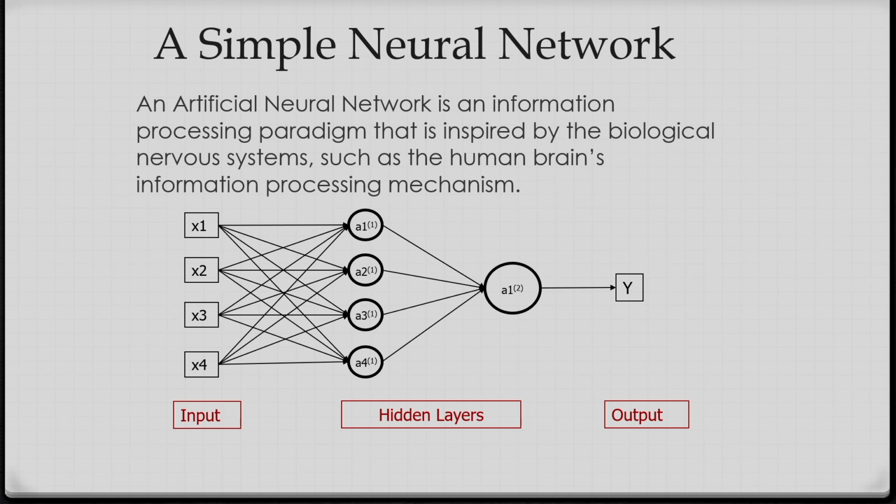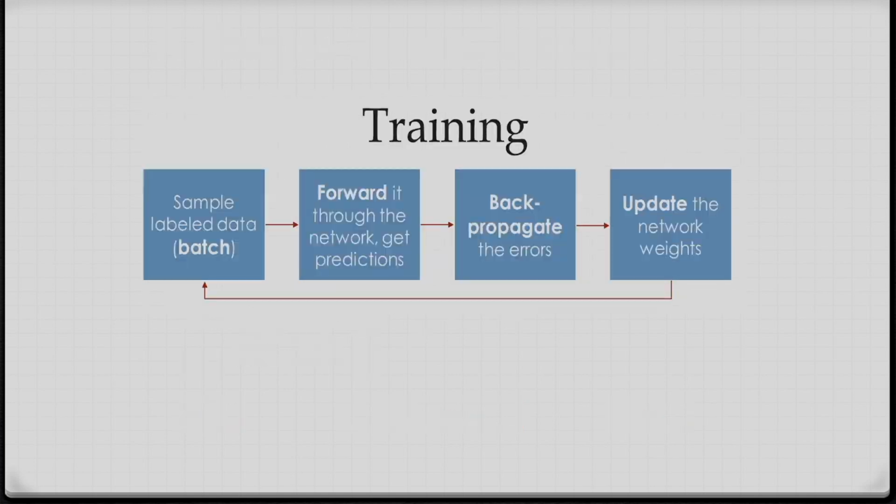So this is a simple artificial neural network, and the training procedure I have already explained, that is supervised learning. First the sample level data we are considering, so that is why it is supervised learning. After this, considering this sample level data, we are forwarding it through the network and getting predictions.